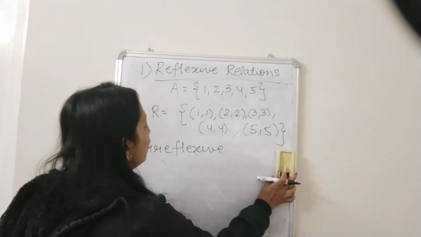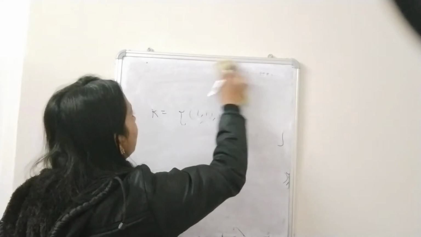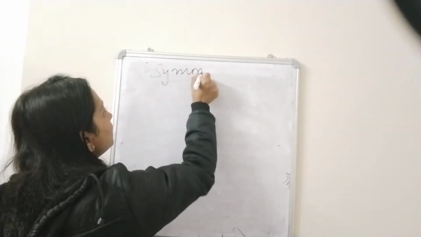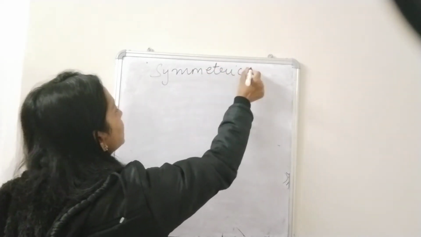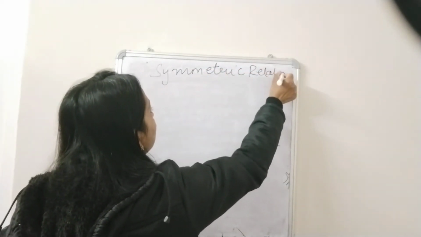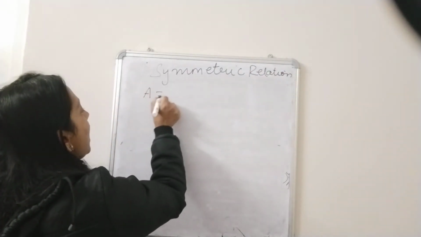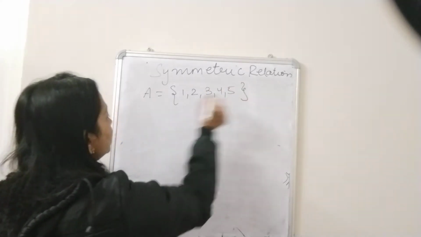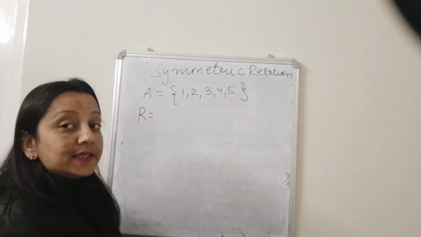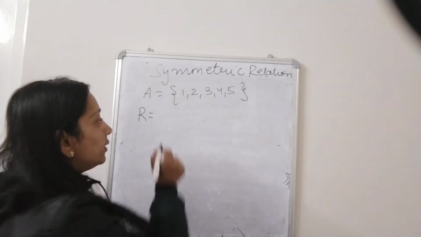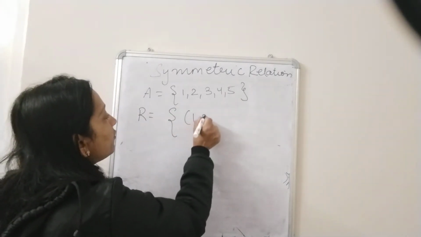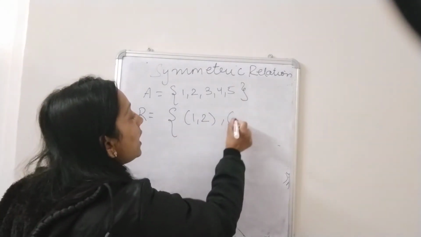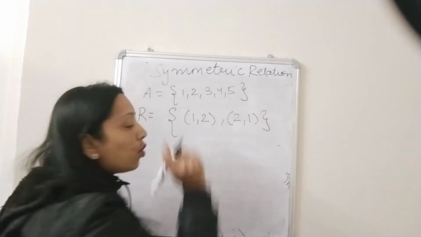Okay, now let's move on to the other types of relations, that is the symmetric and asymmetric relation. The condition for symmetric relation is that if I take the same set A having elements 1, 2, 3, 4 and 5, and the relationship set is from set A to itself, then the condition is that if an ordered pair (1, 2) exists in the relation, then for every such ordered pair, the ordered pair (2, 1) will also exist.